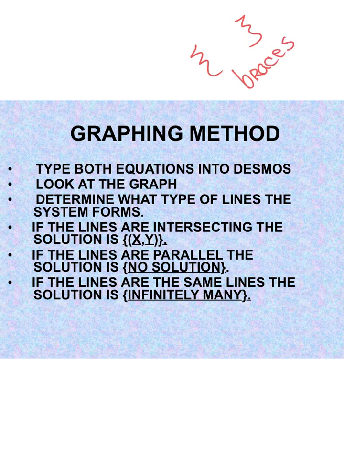So no matter whether it is parallel, intersecting, or same lines, your answer is going to go inside braces. If the lines are parallel, there is no solution, and you write that out in words inside braces. If the lines are the same lines, the solution is infinitely many, and you write that out in words inside braces.